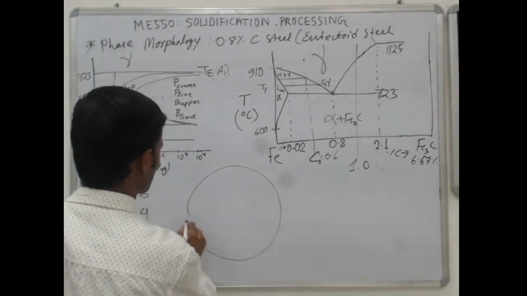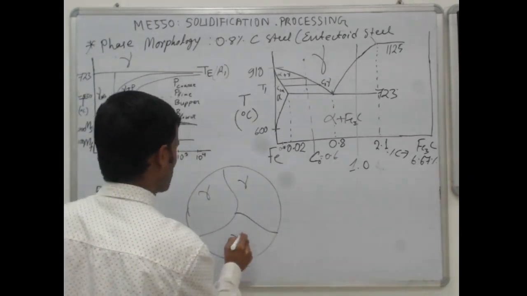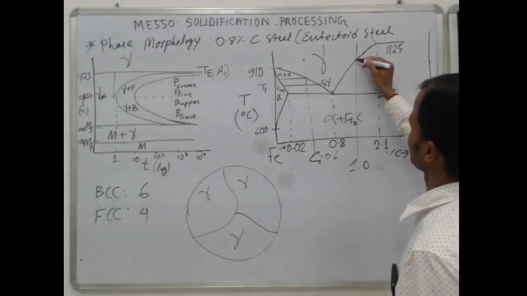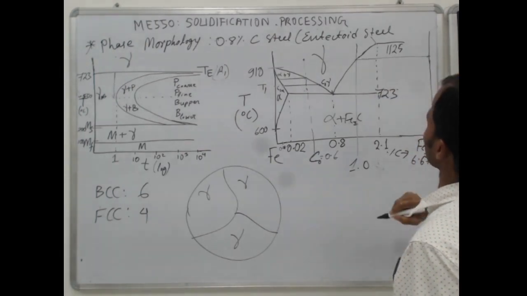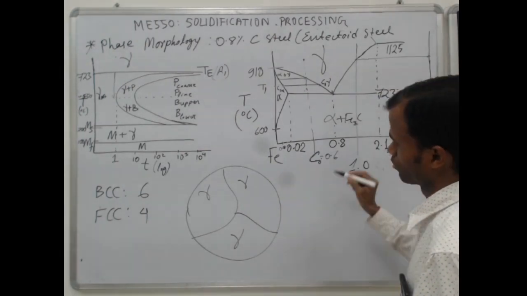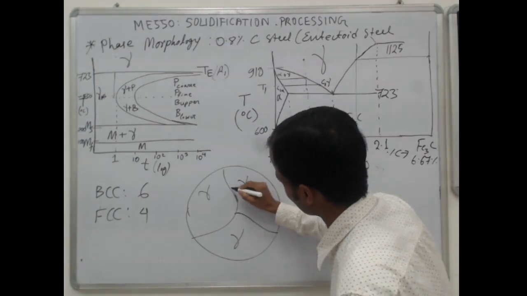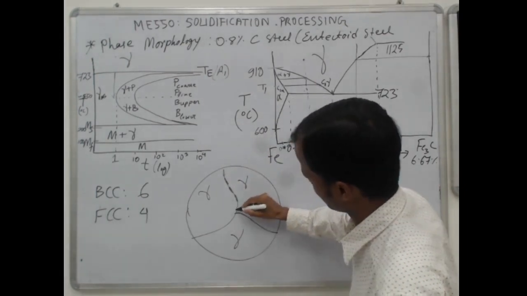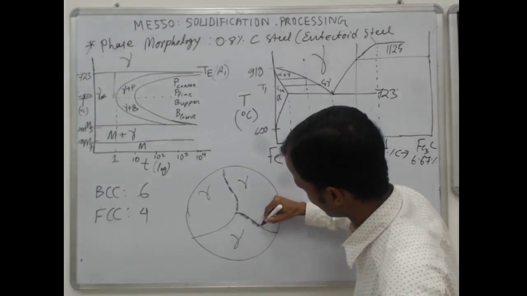You have austenite. Say gamma, gamma, gamma. Everything here is austenite. The moment you come to this temperature, here you have cementite. So some cementite will start precipitating, and those cementite will precipitate on the grain boundaries. It is always the grain boundary unless you have some specific condition, because grain boundaries are the higher energy sites.